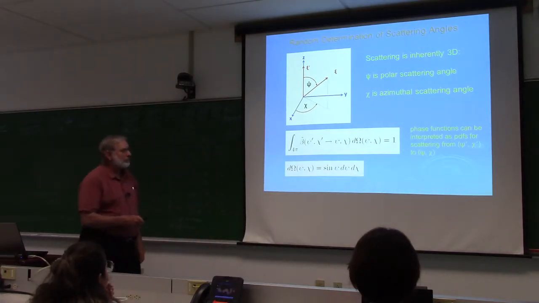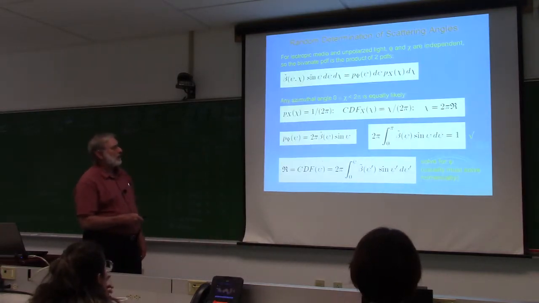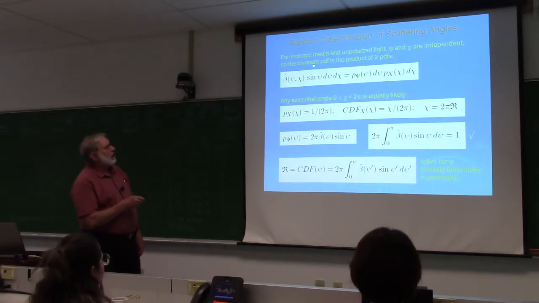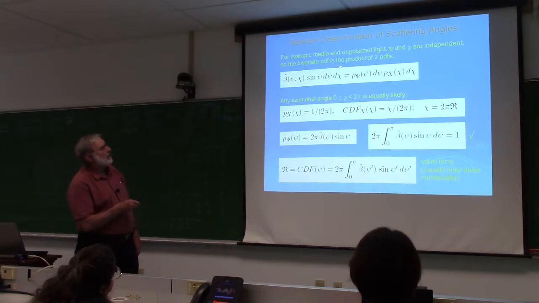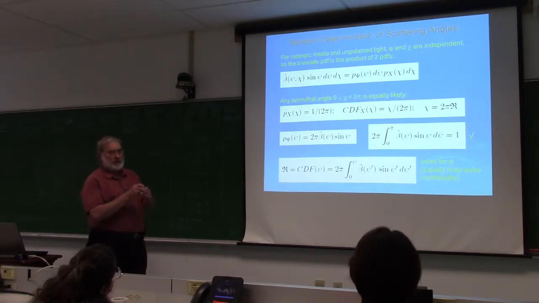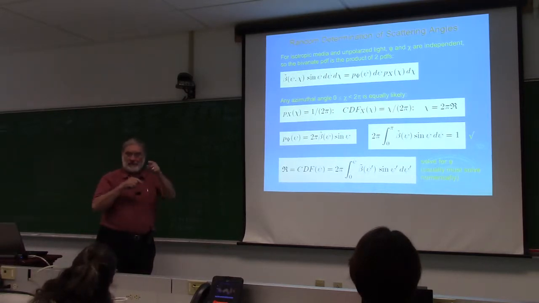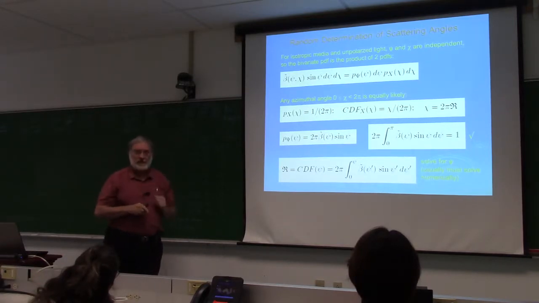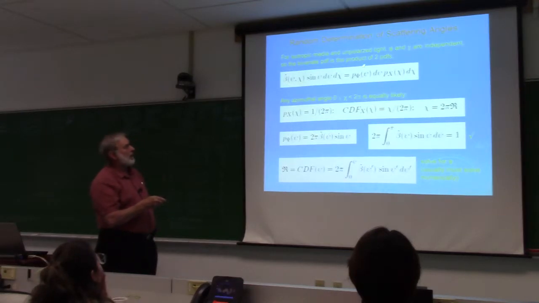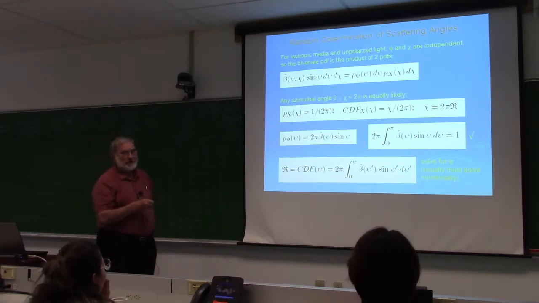Okay, so how this works now. For isotropic media, that means it's the same optical properties in any direction. If you're in the water looking around, this beam C is the same as beam C for that direction. Then, if it's unpolarized light, psi and chi are independent.